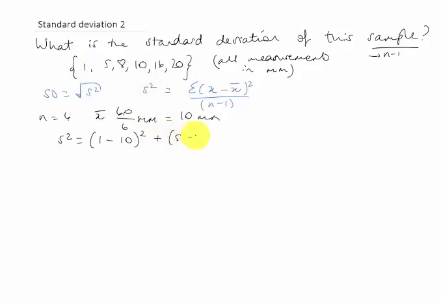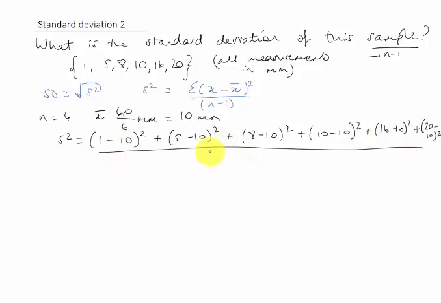So 5 minus 10 squared plus 8 minus 10 squared plus 10 minus 10 squared plus 16 minus 10 squared plus 20 minus 10 squared. Sorry for squashing that up at the end. And all that is divided by 6 minus 1, because n is 6. Okay, so let's carry on.